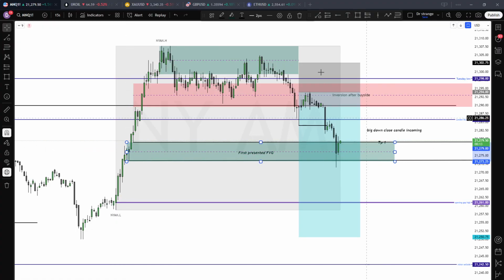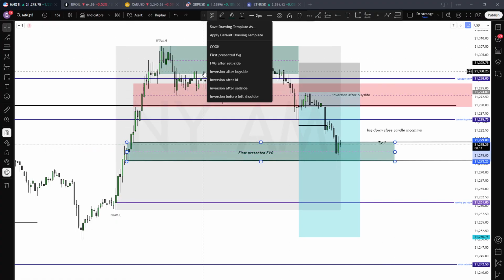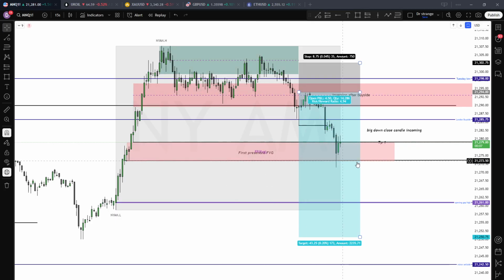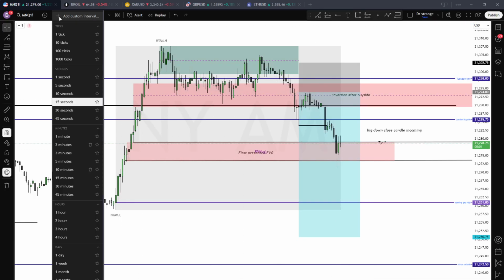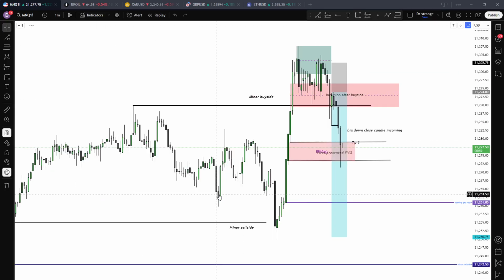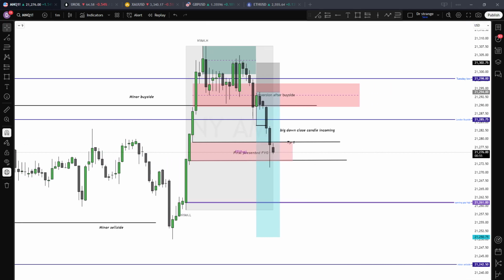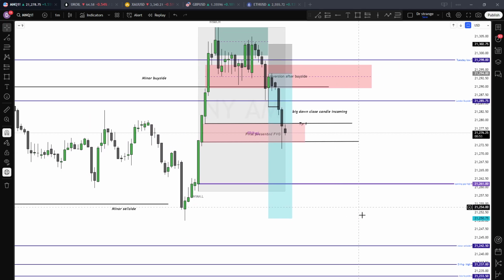Okay. Does it support price to go lower? I'm watching it. You see how the upper part got one minute. I think it's gonna take us lower. We hit TP1.